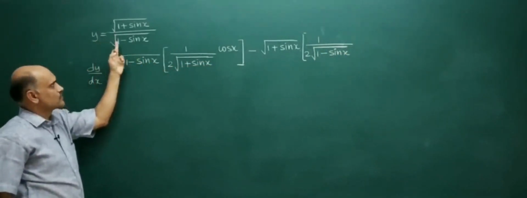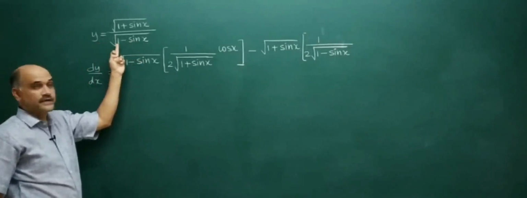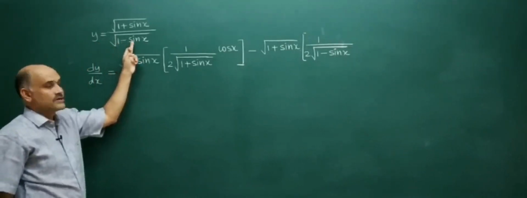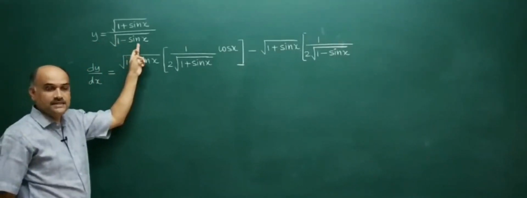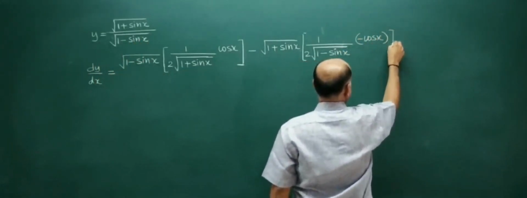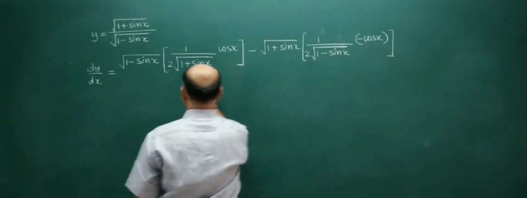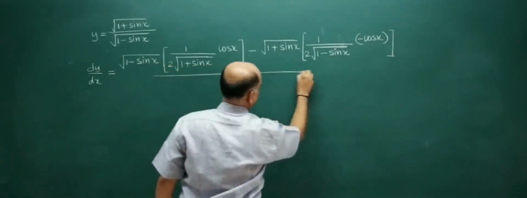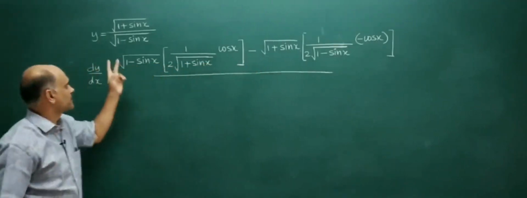Differentiation of the root is over. Now inside the root, differentiation of 1 is 0, differentiation of minus sin x is minus cos x. So minus cos x, whole divided by denominator square.